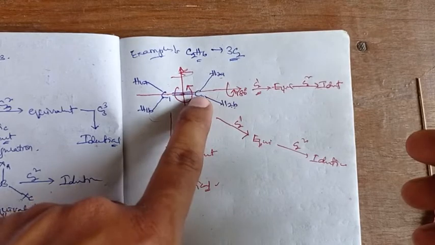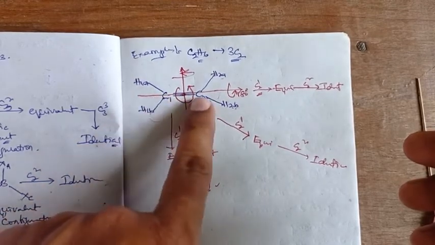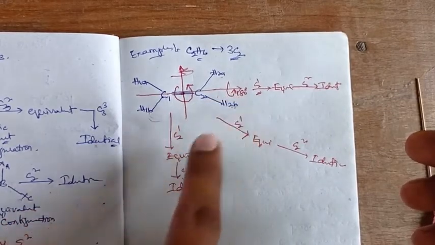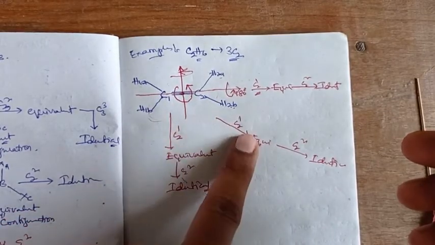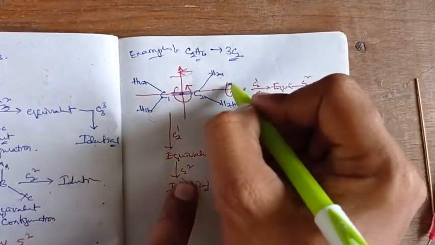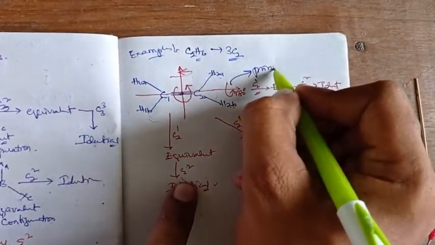Now come to this one. The axis is passing through two carbon atoms, so it is passing through the maximum number of atoms. So this would be the principal axis of symmetry.